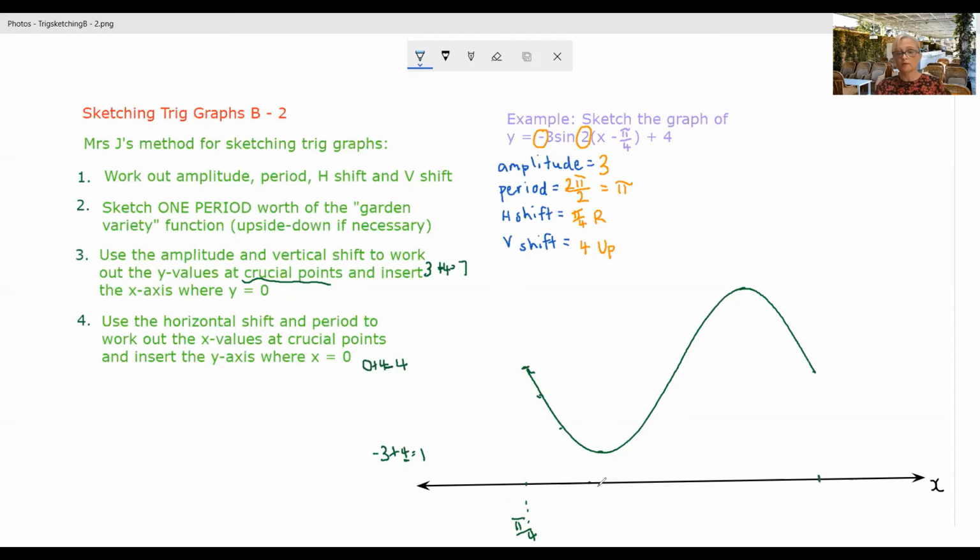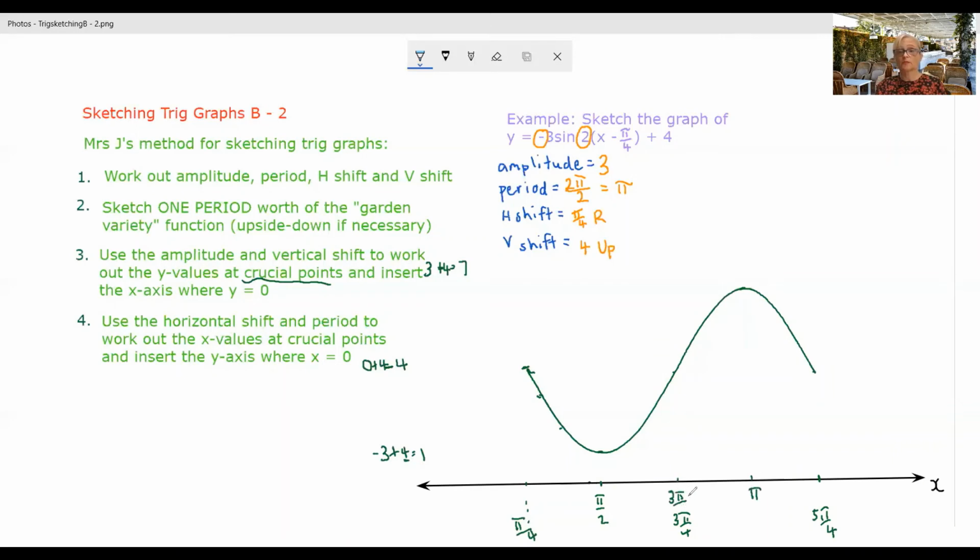So from pi on 4 to here, we're going to add pi. So that's 5 pi on 4. Halfway is here. So that's going to be at 3 pi on 4. This will be halfway between pi on 4 and 3 pi on 4, which is 2 pi on 4, which is pi on 2. And this will be halfway between 3 pi on 4 and 5 pi on 4, which is pi.